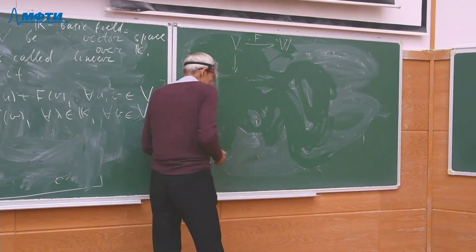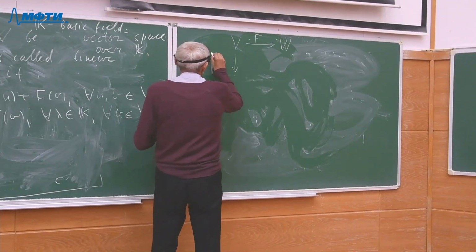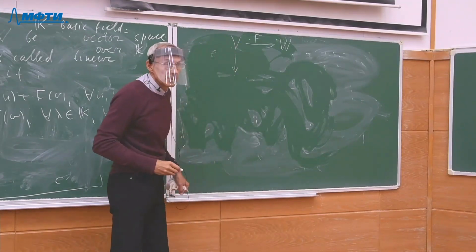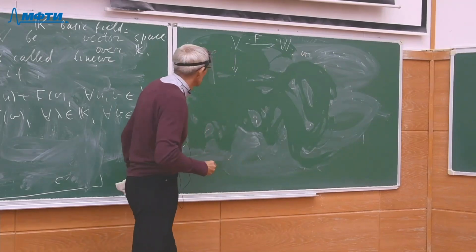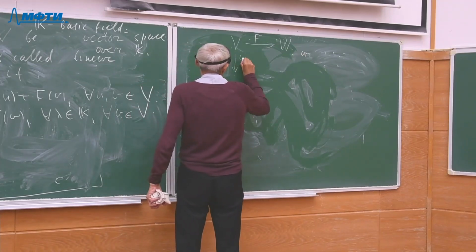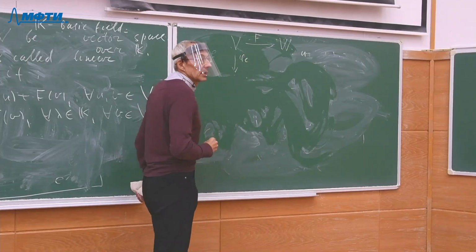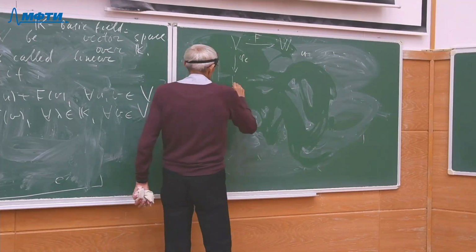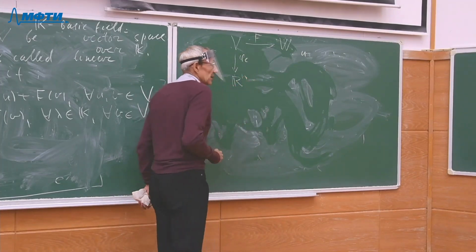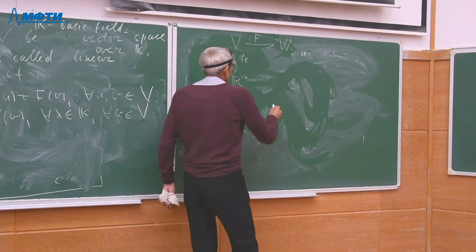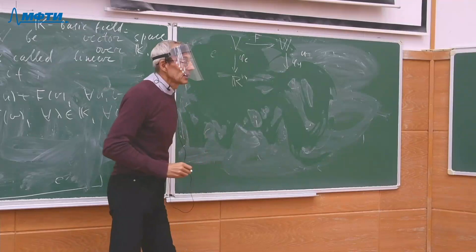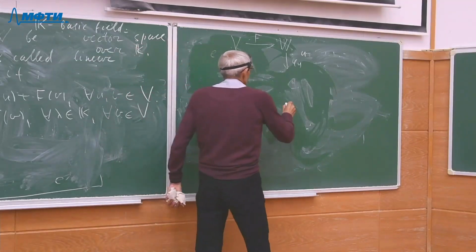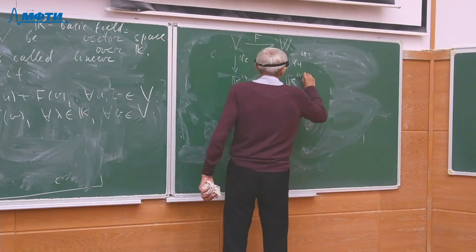I can choose the basis E in the vector space V and the basis U in the vector space W. And I can consider the coordinate isomorphism E to the arithmetical vector space Rn, and this one, the coordinate isomorphism U to the arithmetical vector space Rn.